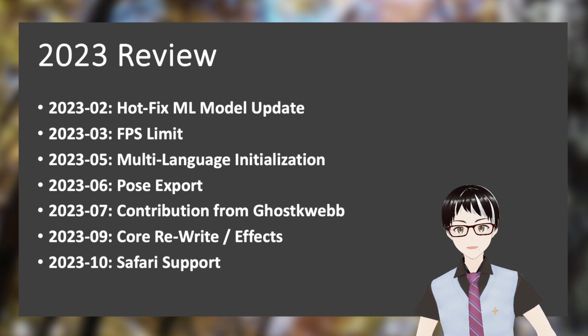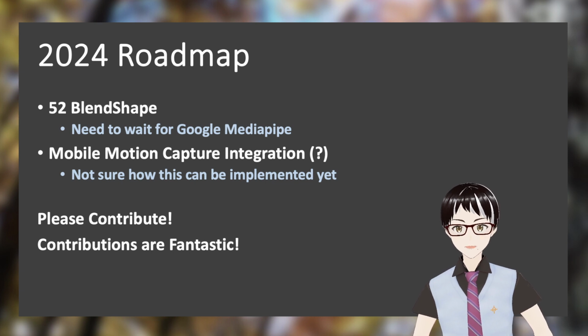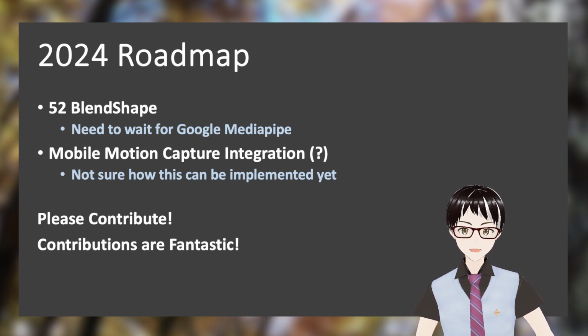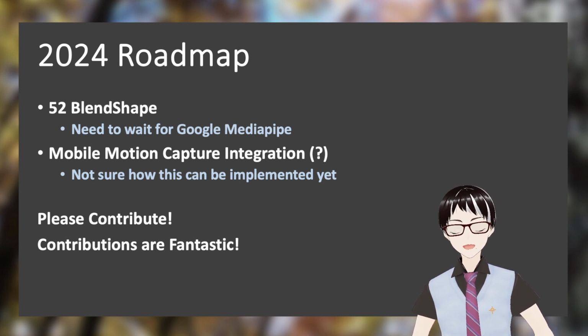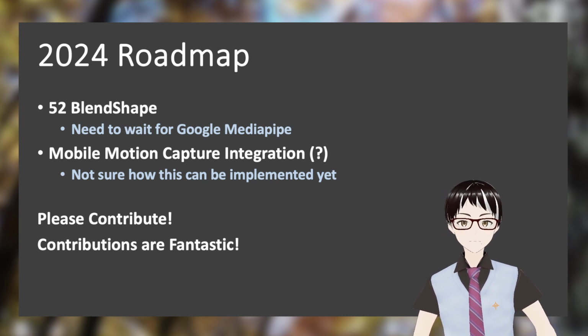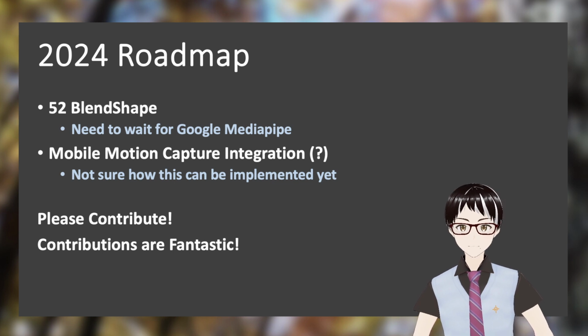We still have a lot of things to do in 2024. So here's the plan: we've got 2 items. We're not going to overcommit. We're not even going to commit on these 2 items. The first one is the 52 blend shapes. We need to wait for Google MediaPipe to update their holistic libraries.